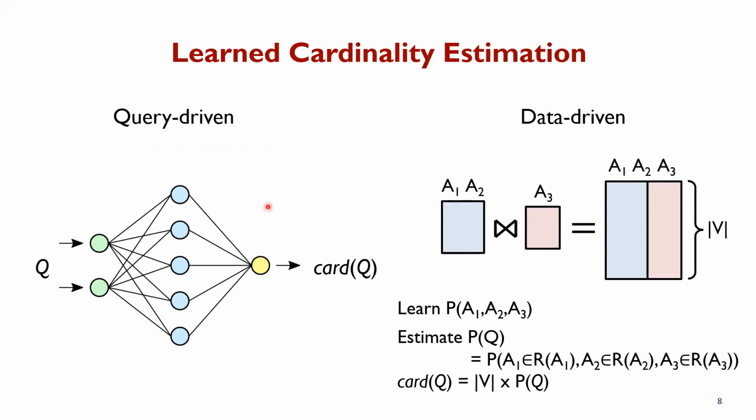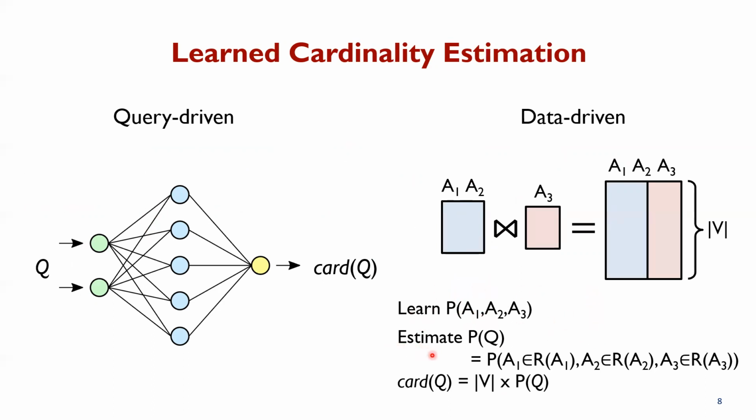Learned methods are classified into query-driven and data-driven methods. Query-driven methods solve a regression problem from query features to cardinality. Therefore, they are supervised. Data-driven methods solve a density estimation problem in an unsupervised way. They learn the joint probability distribution over all attributes.